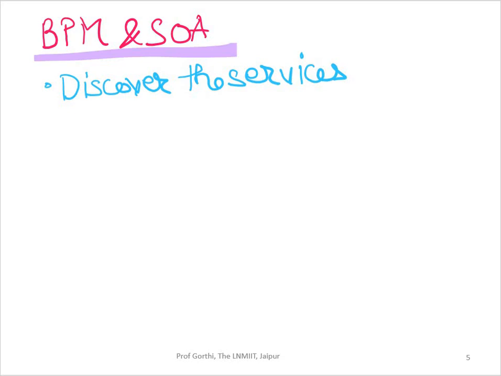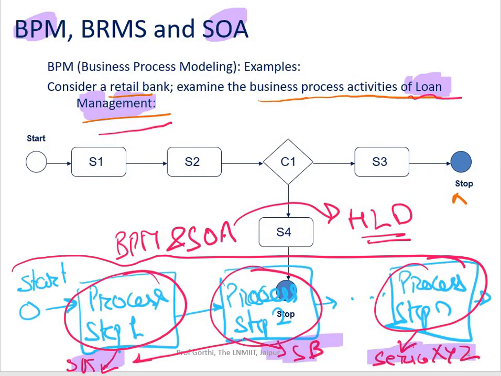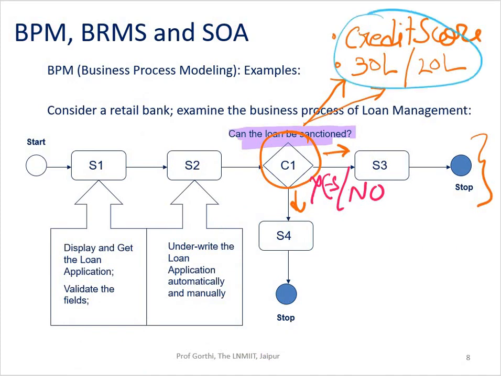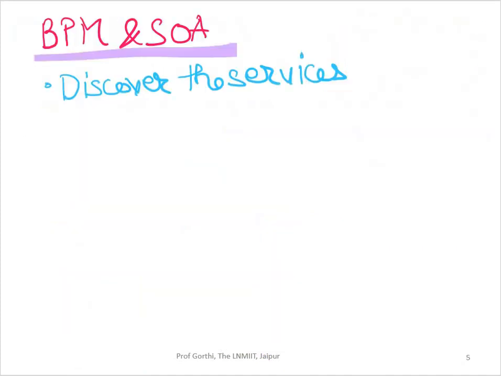That means those services we were talking about, matching, let's say in this example, where we were looking for these credit scores and all. So I can discover the services, in which I can look for services already available.